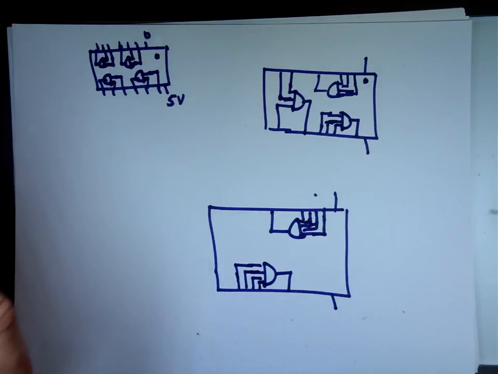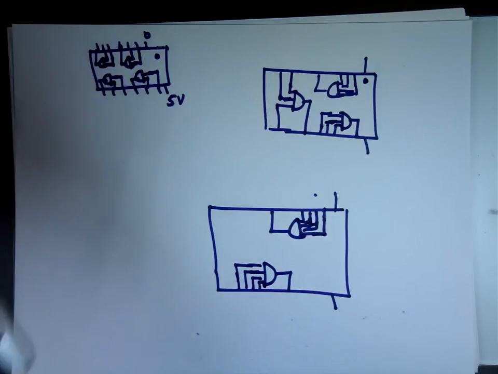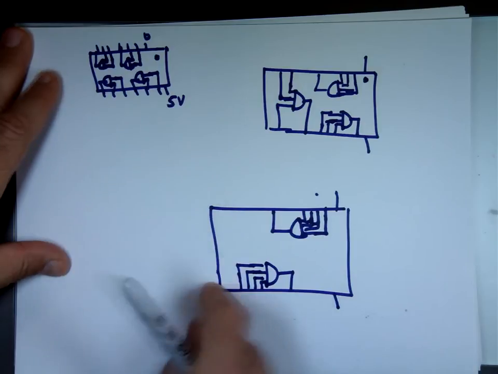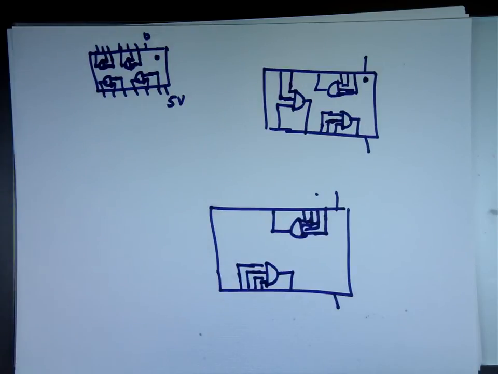Sometimes I don't have enough chips for everyone. So what happens? Let's say I want a 4 input OR gate. This is what the chips will look like, and again, they have all these legs on them.